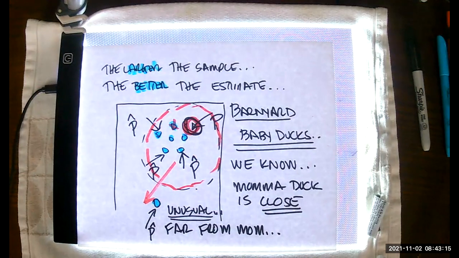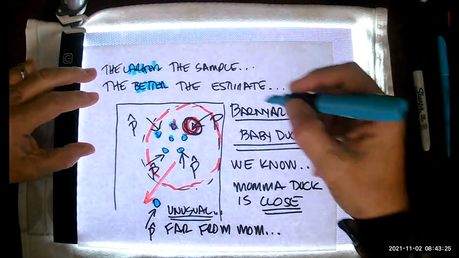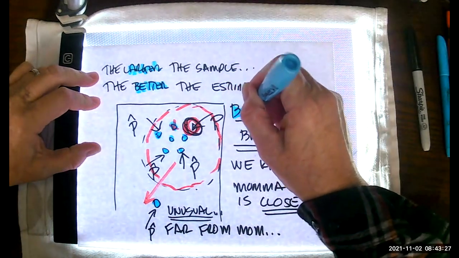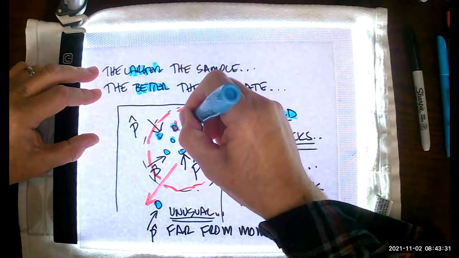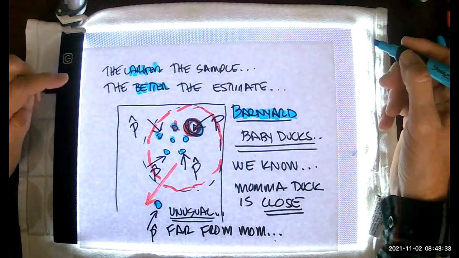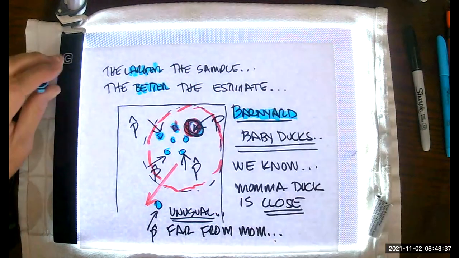At the end of the day, my sample really just gives me some sort of logical or reasonable guess as to the population parameter. I'm going to talk about the barnyard that we've all visited when we were kids, and we remember Mama Duck. There's Mama Duck right there. What do we know about her baby ducks? Her baby ducks, they like to hang close to Mama Duck.